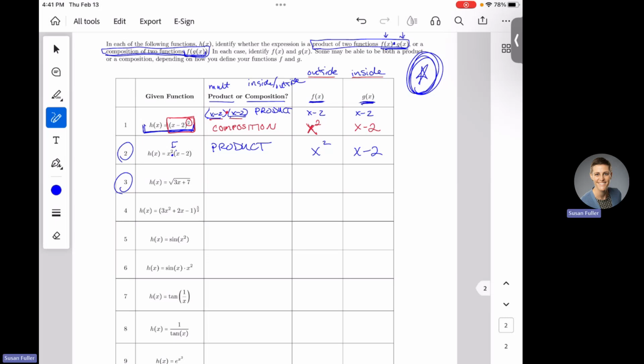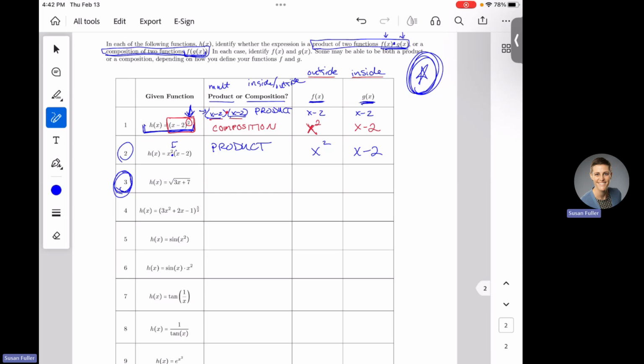Okay, how about number 3? Well, do we have two things being multiplied? No, I can't really look at this as two things being multiplied because that's not what a square root means, right? Up here, this exponent of 2 could be rewritten to be looked at as a product. But a root doesn't mean two things are being multiplied.